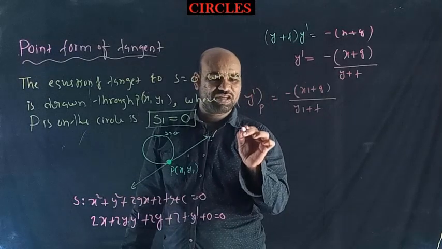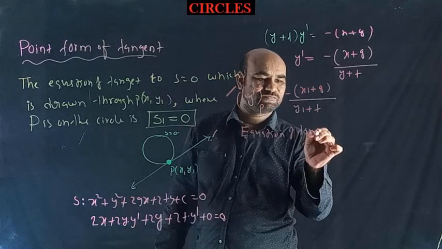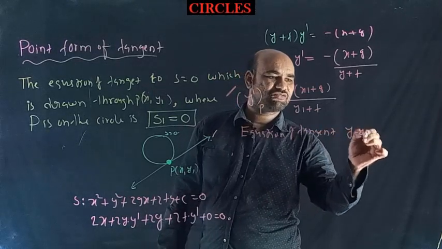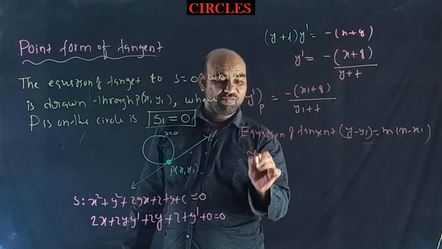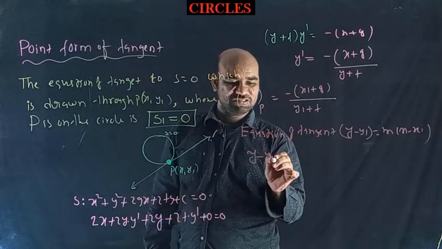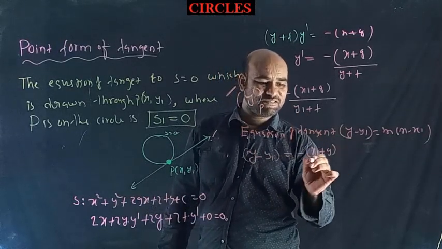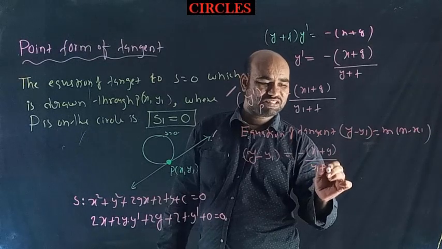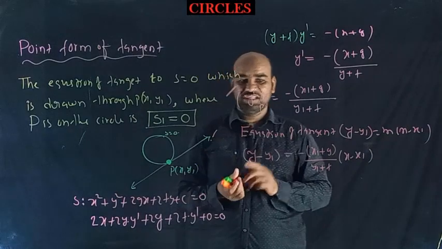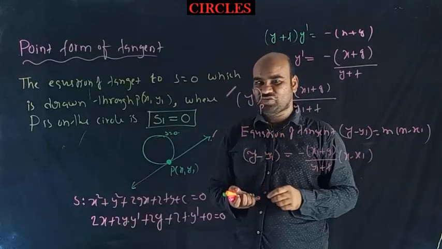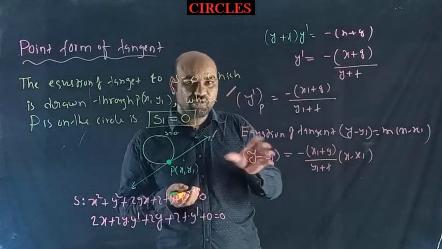I will write the equation of the tangent: y minus y1 equal to m times (x minus x1), where m is minus (x1 + g)/(y1 + f). So y minus y1 equals minus (x1 + g)/(y1 + f) times (x minus x1). Now we want to simplify. Here only it becomes difficult. Simplification only became difficult. We want to show that the equation of the tangent is S1 equal to 0. So some modifications are required here.